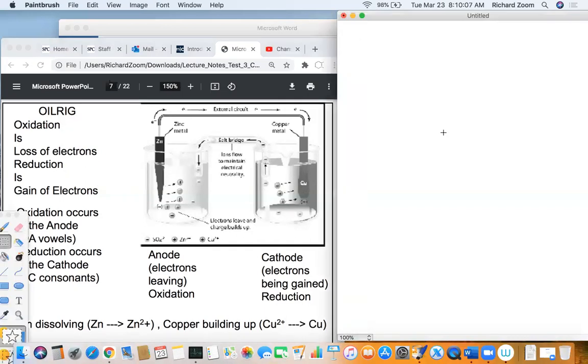So let me talk about what I mean by loss and gain here in the context of electrons. When we're talking about zinc going to zinc 2+, it's actually zinc going to zinc 2+ plus 2 electrons. Right, so this is oxidation because electrons are lost. They're on the product side.